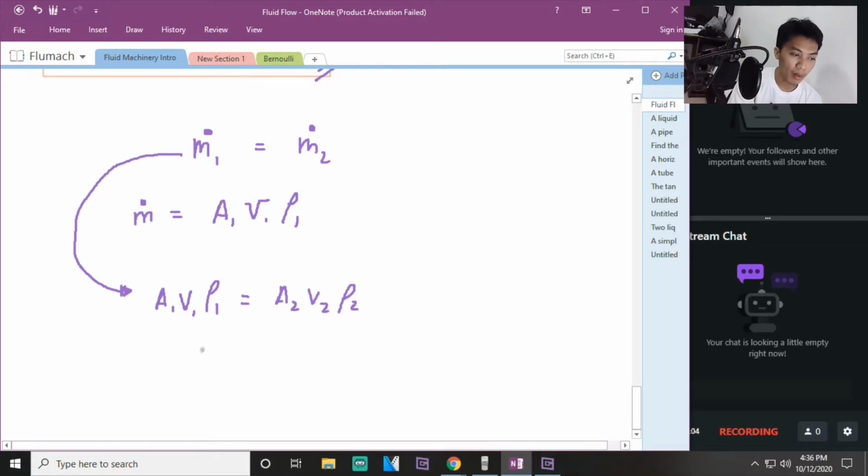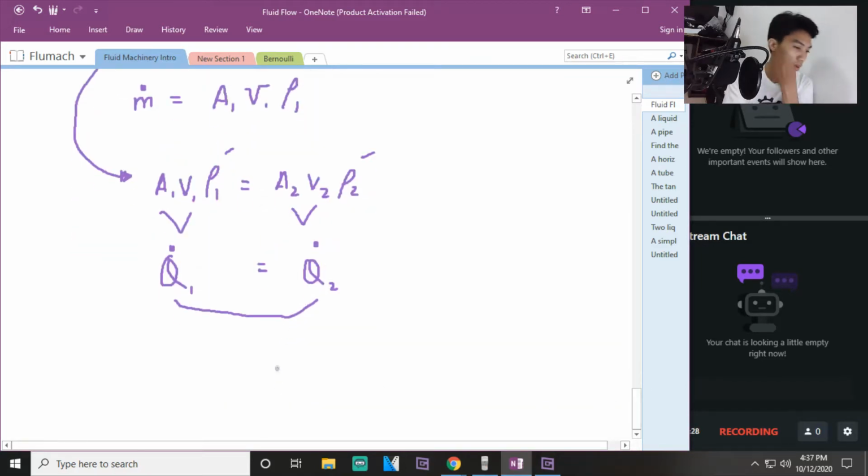Yung itong parehong ito at ito will be Q or the volume flow rate. Yun din ang volume flow rate nito. And since pareho lang naman yung substance na yan, we should cancel na lang yun. So, ito rin, yung volume flow rate will become constant throughout the pipe.